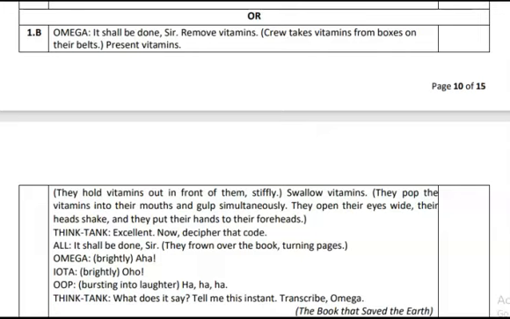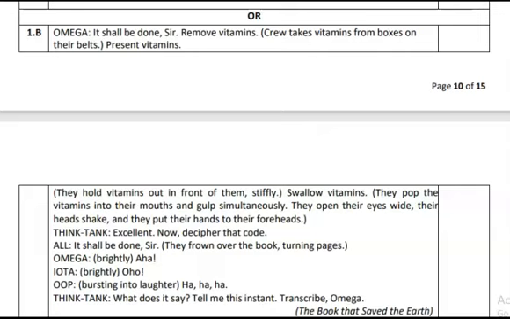Omega, it shall be done. Sir, remove vitamins. So crew takes vitamins from boxes on their beds. Present vitamins. So they hold vitamins out in front of them stiffly. Swallow vitamins. They pop the vitamins into their mouths and gulp simultaneously. They open their eyes wide, their heads shake, and they put their hands to their foreheads.